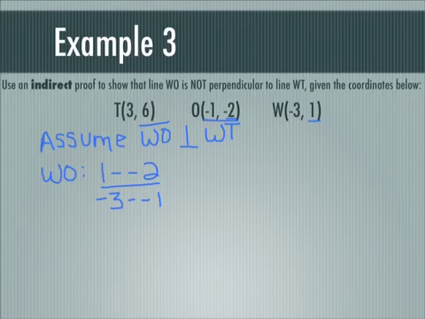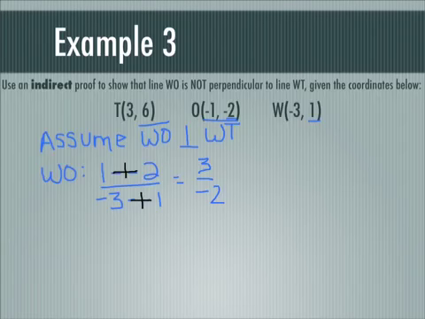Like if you did -2 minus 1 and -1 minus -3? You would, as long as you go in the same order. You can't change in the middle. 1 minus negative 2, that's really 1 plus 2. So that's really a 3. And negative 3 minus negative 1 is really like negative 3 plus 1, which is negative 2. Okay?